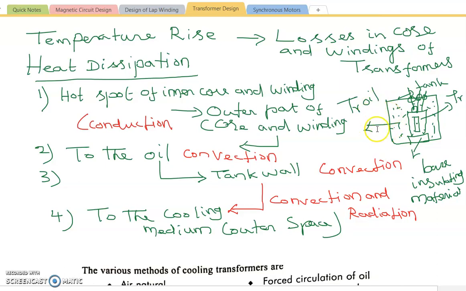That heat dissipation is through convection and radiation. So this is how the losses in the transformer produce heat, how it is dissipated to the oil, then to the transformer tank, and finally to the outer cooling medium or outer surface.